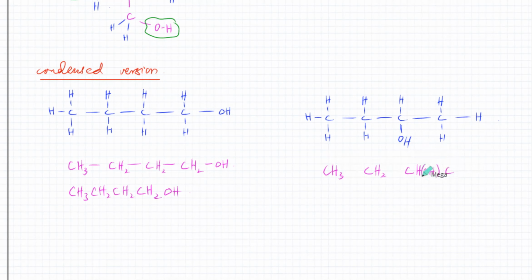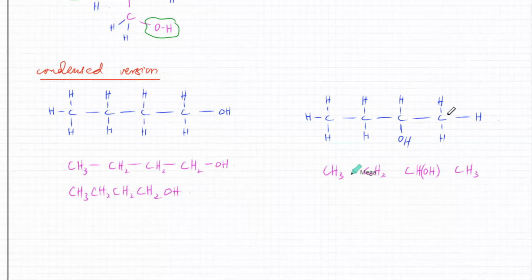Now, when the OH is written in the middle, put a bracket around it. This carbon atom over here is CH and 1 OH. So put a bracket around it so it differentiates from the rest, that there is C with 1 H and 1 OH. And the last carbon atom is C with 3 H's. So that is going to be your condensed version of the molecule.